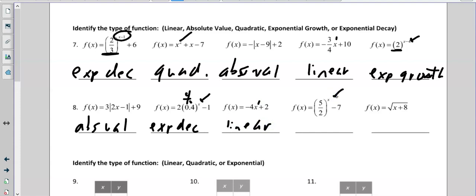Again, we have an exponential, but this is a tricky one. 5/2 is 2.5. So it's not just because it's a fraction that we say decay, it has to be a fraction less than 1. So in this case, it's exponential growth, because 5/2 is bigger than 1. And then this is kind of obvious, this is a square root.